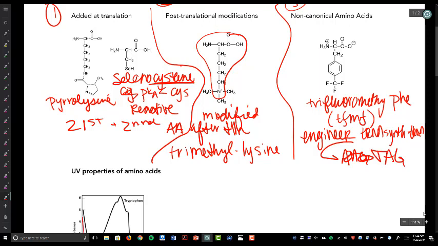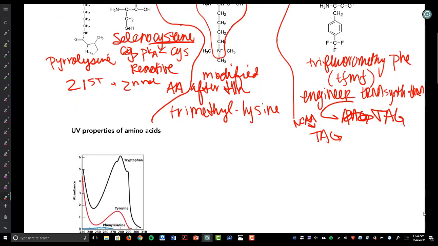Normally that's a stop codon. So you engineer the translational machinery of an organism so that when they see TAG, they put in the non-canonical amino acid. That's a way that you can put a funky amino acid that does a cool job into the stop codon instead of just cutting off the translation of the protein.